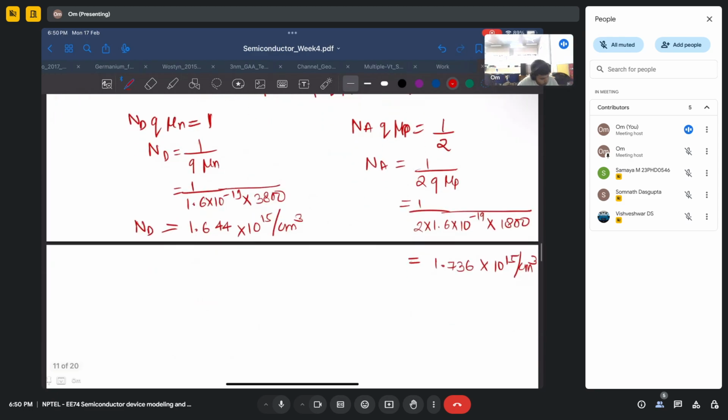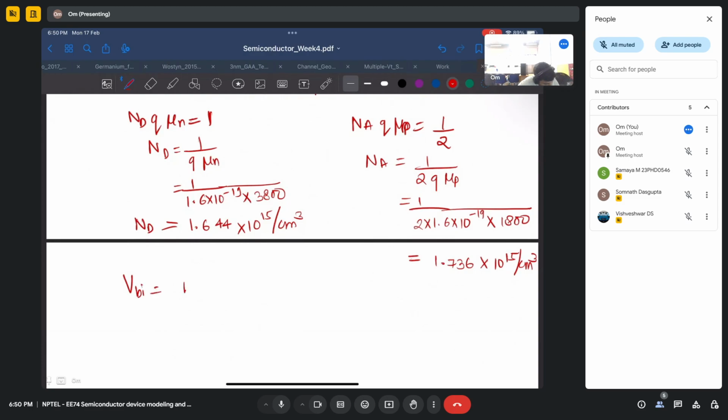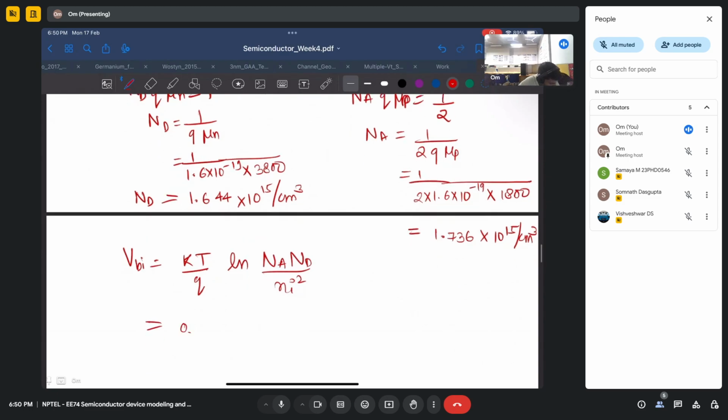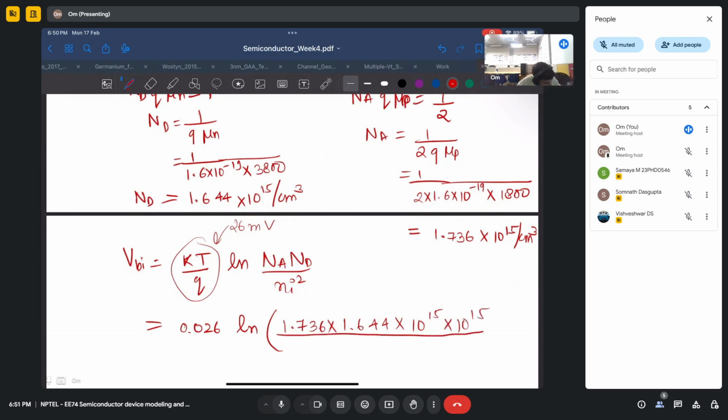Now we know VBI is KT by q ln Na Nd by Ni square. KT by q I assume to be 0.026 volts or 26 millivolts. Ln of 1.736 into 1.644 into 10 to the power 15 into 10 to the power 15, divided by Ni square.